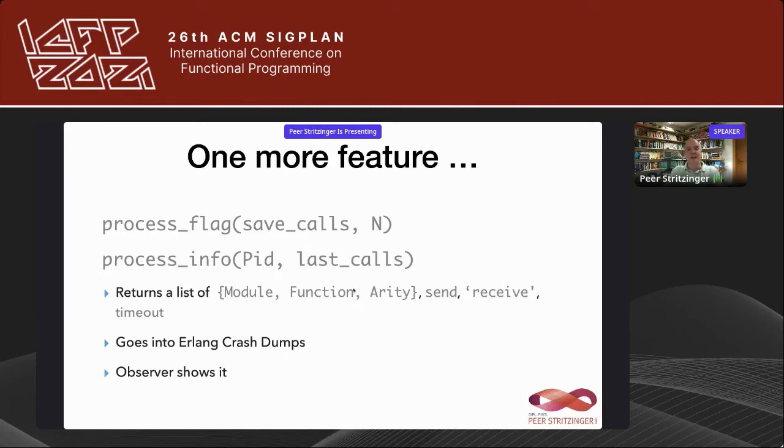Then at any time you can use process_info, either just process_info, where it's part of it, or you can pass the thing that you want to know about, last_calls, and it returns a list of tuples, module, function, arity, of all external function calls, so not the local ones, and the atoms send, receive, or timeout for sent messages, received messages, and timeouts. You don't see what messages, but you know that it happens. It also goes into the Erlang crash dumps, and Observer also shows it.